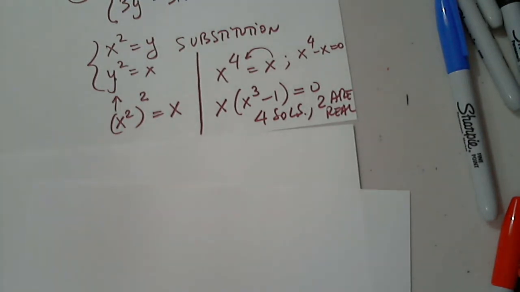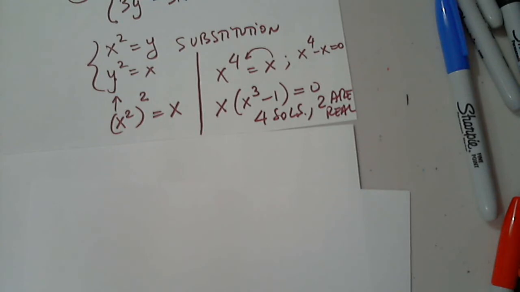And the other two, because degree 4 solutions, the other two will be imaginary. They will have i in them. Here it is. So as expected, 1 and 0.